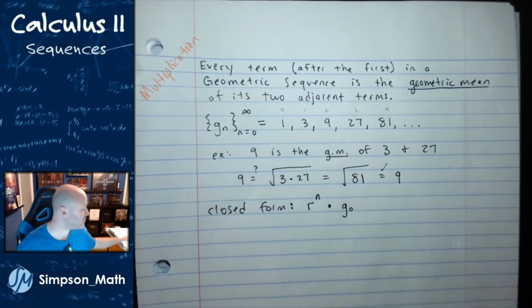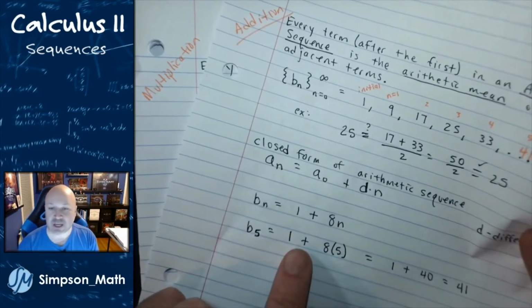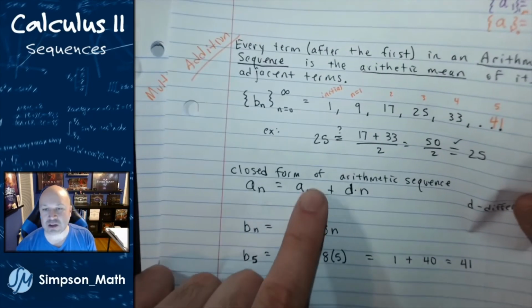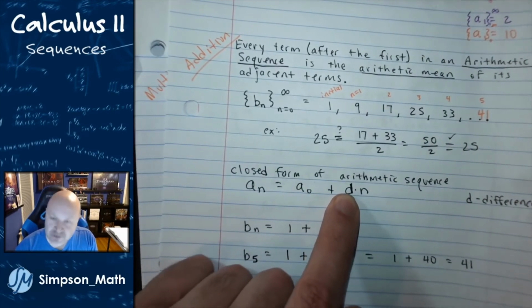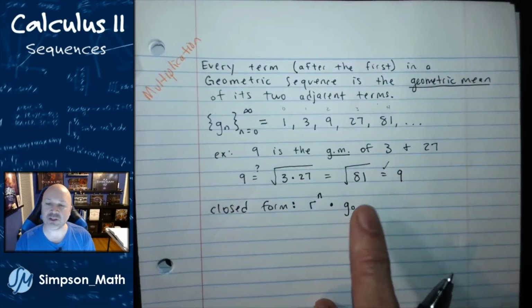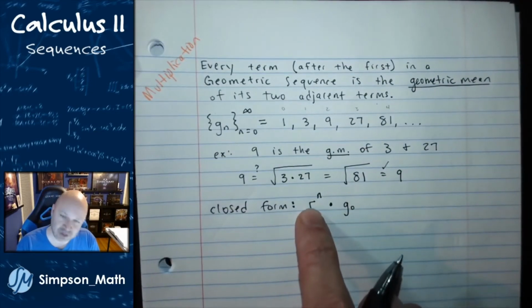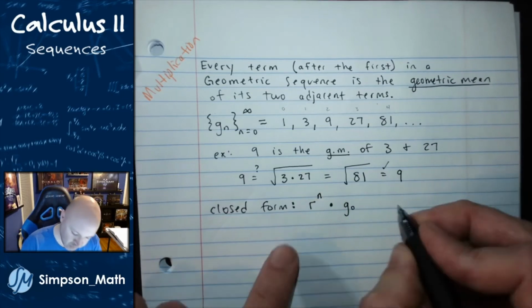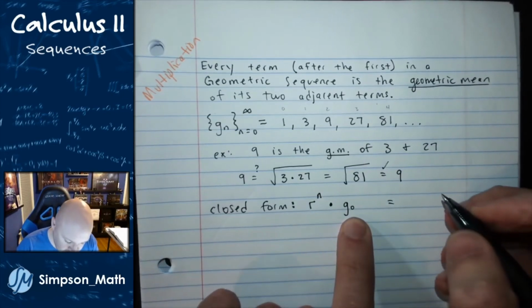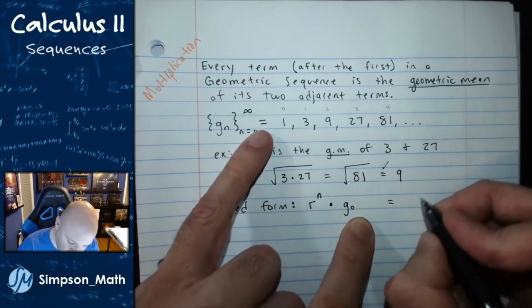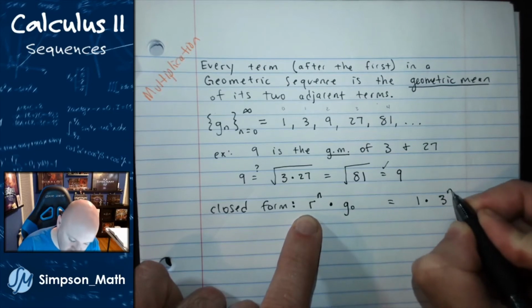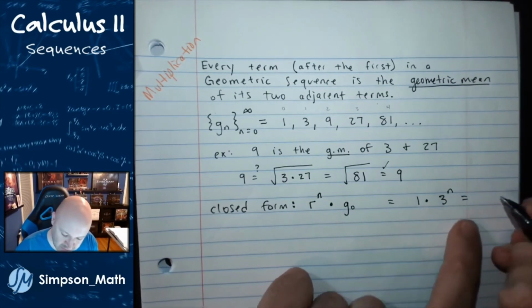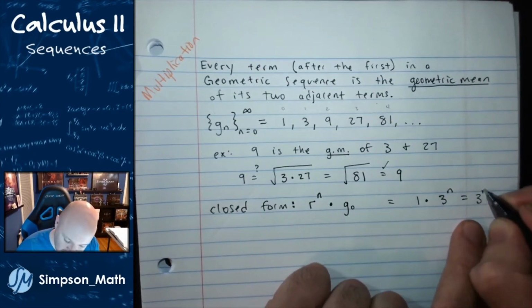Just like in the arithmetic, you take the initial term, a0, and add the difference times n. In the geometric, you start off with the initial term and multiply by the common ratio to the nth power. So for this one, our initial term is 1, and I'm multiplying by the common ratio, 3 to the n. That was confusing to me because it's just so obvious. 3 to the nth power.